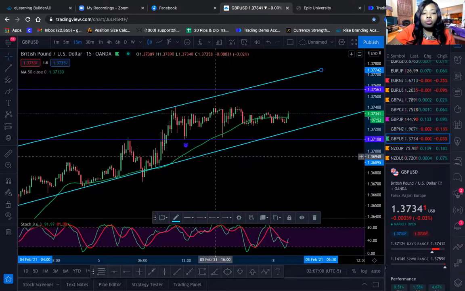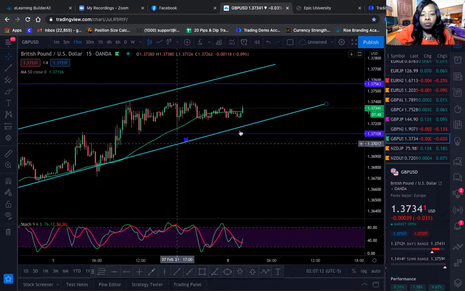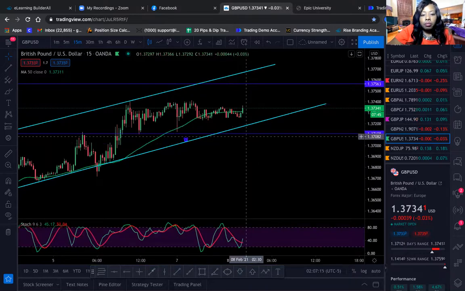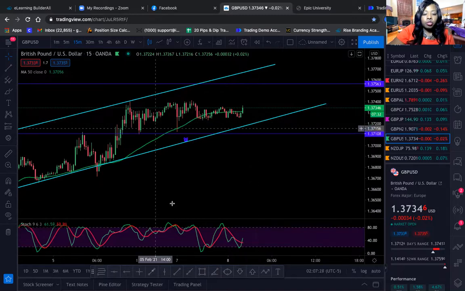My trend is up. I have my support and resistance, okay? So I'm in between two major areas of support and resistance. We can even put a line here if we want to get a tighter entry, okay?